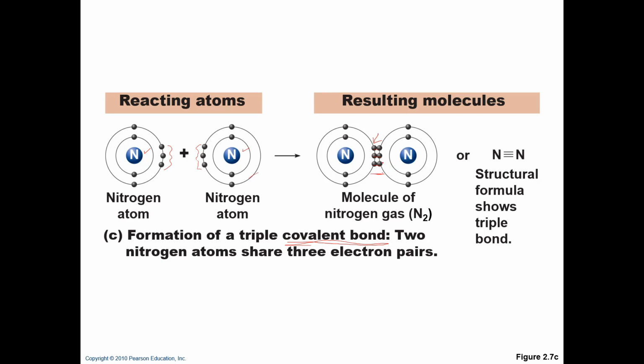Since they are attached to each other, they are being shared between these two nitrogen atoms, and this bond is very strong. This attachment between the shared electrons is very strong, and this is called the covalent bond. We indicate the covalent bond by lines.